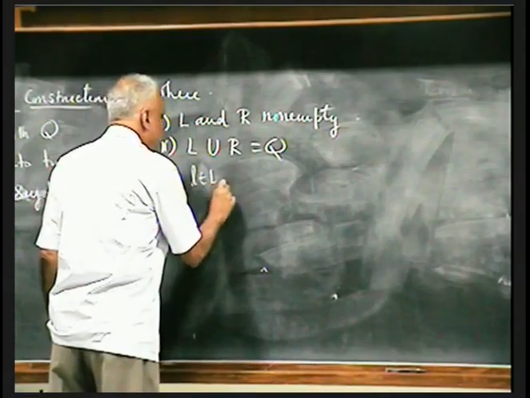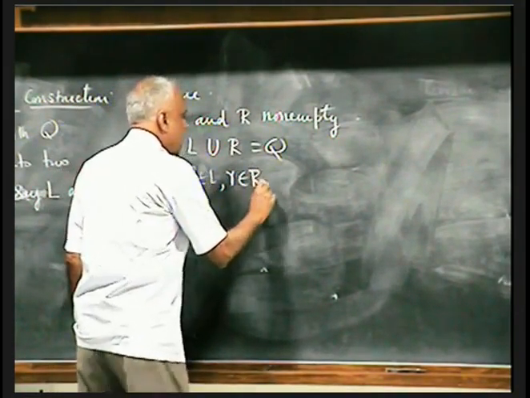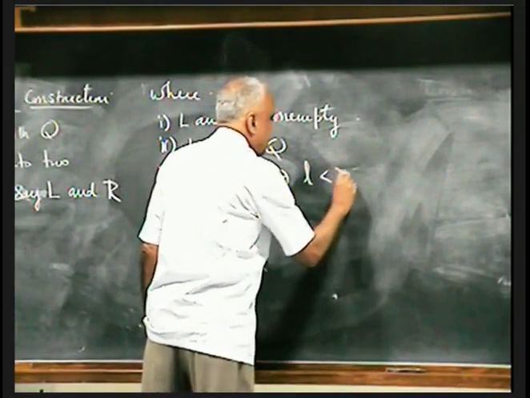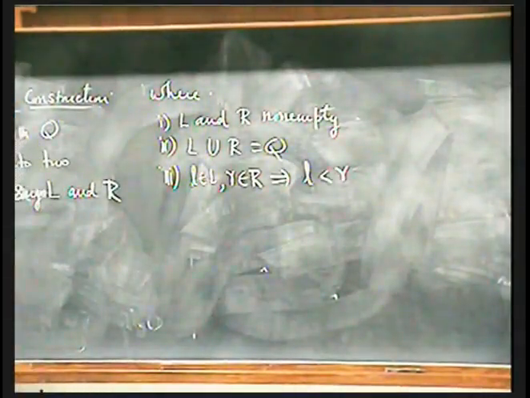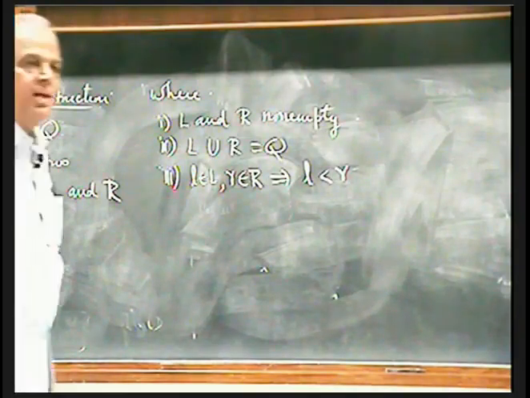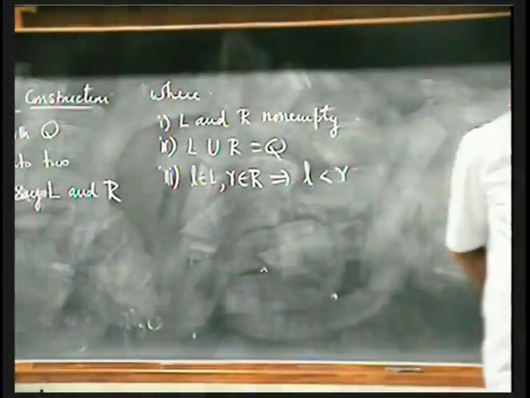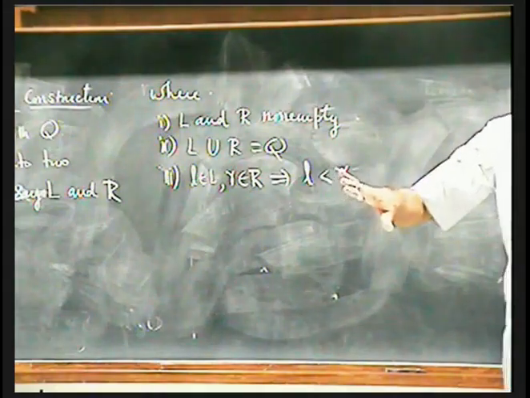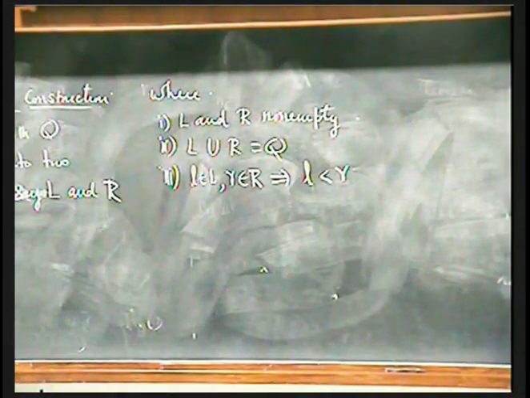But the important thing is these two points. l belongs to L, r belongs to R implies l is less than r. What does that mean? The L bag always stays to the left of the R bag. That's why the right and the left. R is the right bag, L is the left bag. Every element of the L bag stays to the left of every element of the right bag.